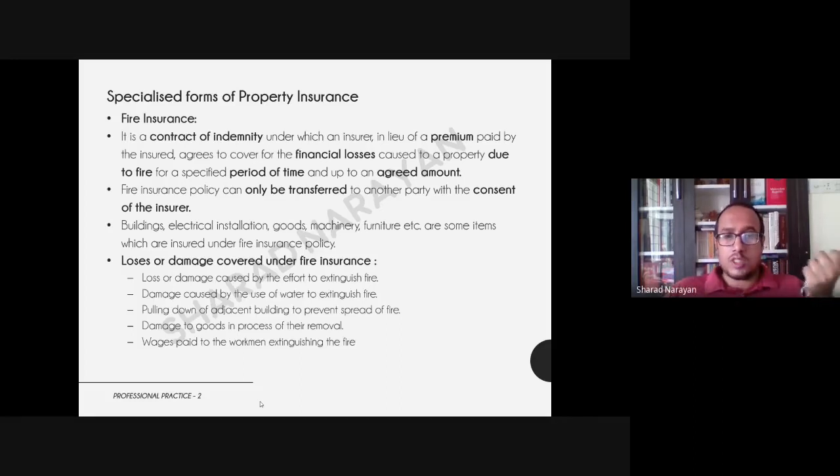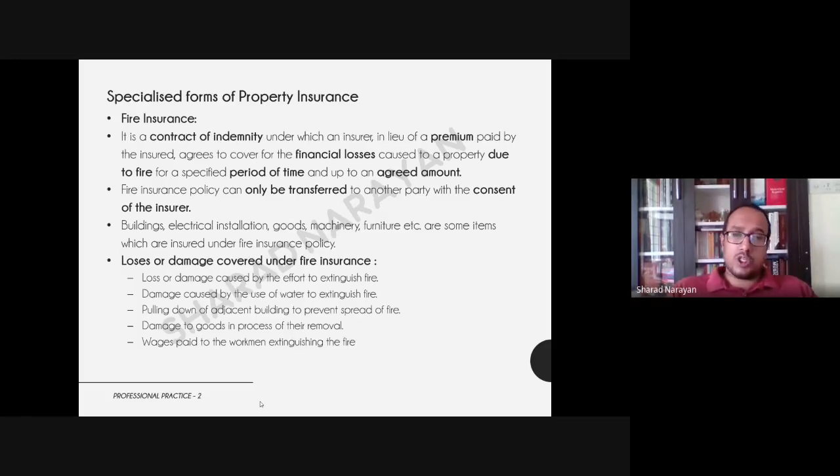You have loss caused by the effort to extinguish fire. Basically, increasing dampness causing an entire portion of the wall to collapse and crumble, which can happen because of the water that is used to extinguish the fire. Again, damage caused by the use of water to extinguish fire. If you are forced to pull down adjacent buildings to prevent the spread of fire, that is also considered a part of losses and damage which can be covered.